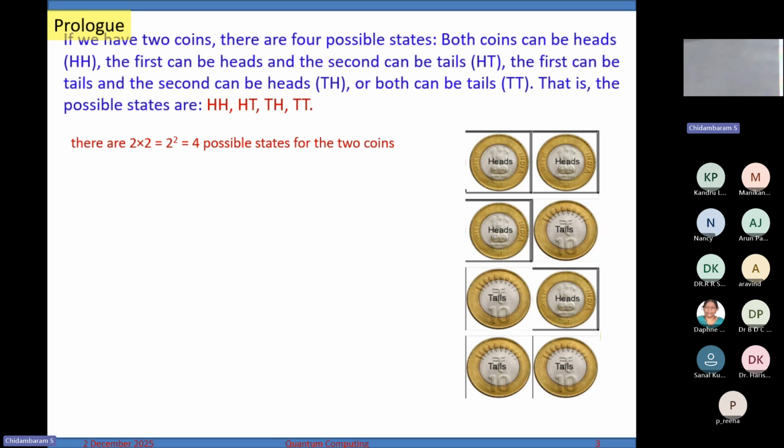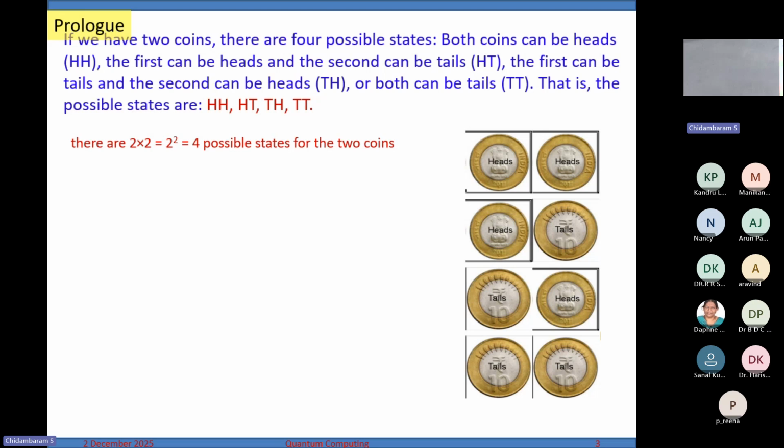Imagine if I have two coins: from a single coin with two states, now I am having two coins and I am getting four states. What are those four states? One coin could be head, another coin also head; one coin could be head, another tail; or tail head, or tail tail.